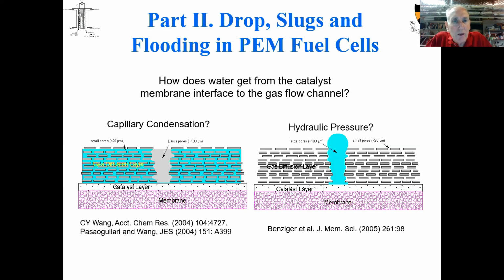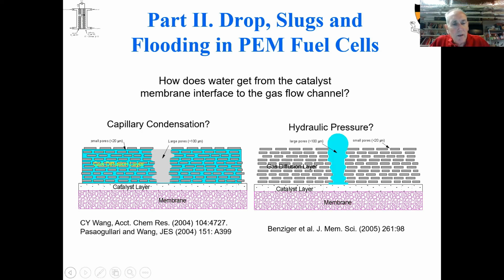What we look at now is the effect of water and gases that have to move in and out of what we call the gas diffusion layer, or the porous electrode. I've schematically shown the membrane at the bottom as a solid material.